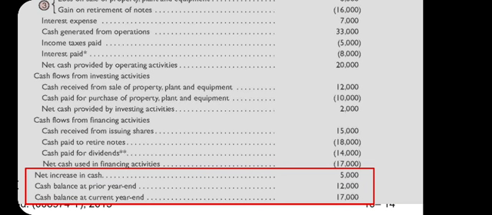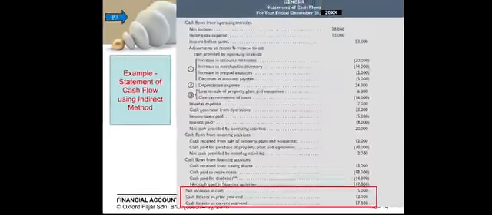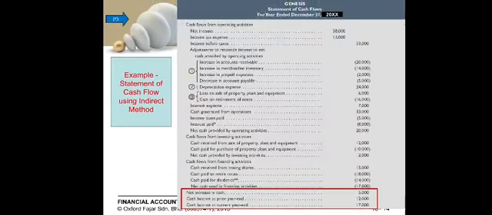So here you can see the number is correct. The net increase in cash is 5,000. Beginning balance of cash is 12,000. So the ending balance of cash is 17,000. You have to remember the format of this cash flow statement.